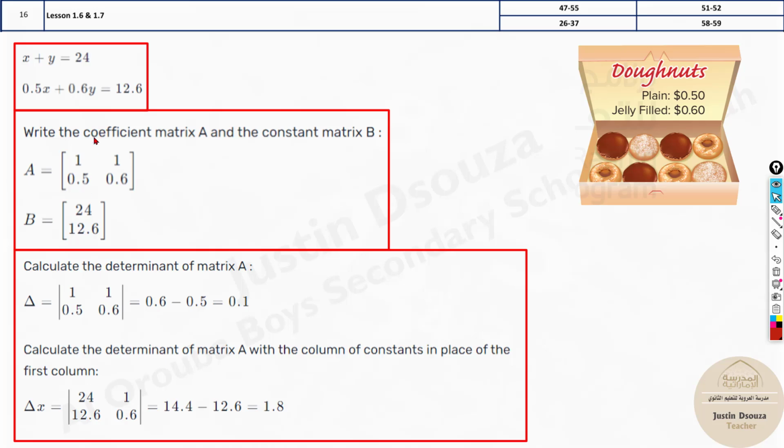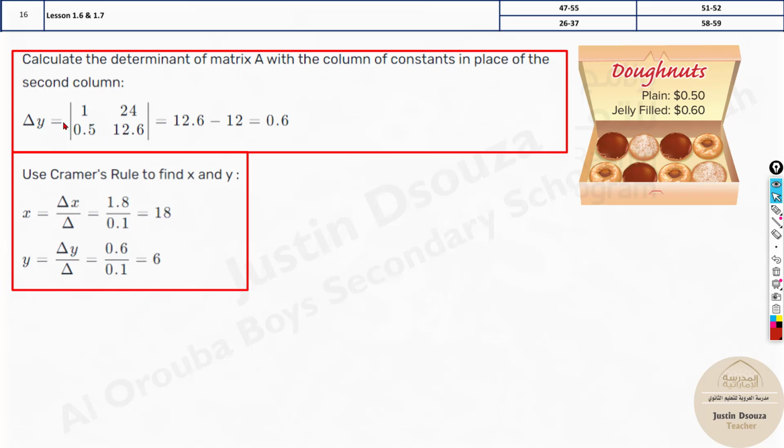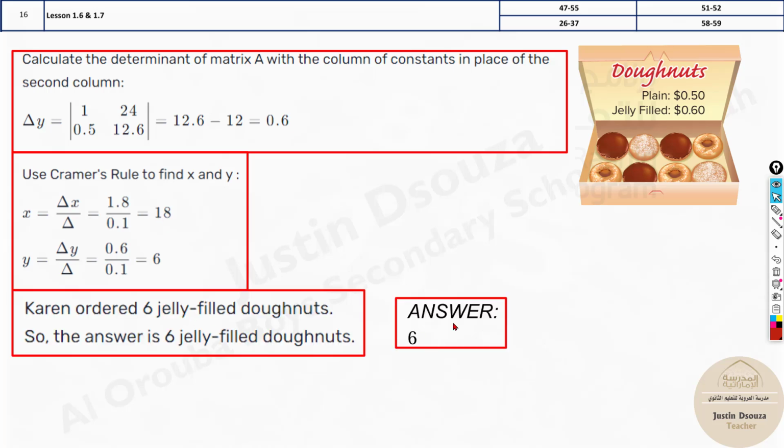So you can easily find the determinant of A, and then, this is to find x, but we do not need to do it. You can do that. And okay, this is very important. y. Now this is the determinant, then you substitute over here and find the y value. So how many jelly filled are there? It is 6. And plain are 18. So the answer is 6.